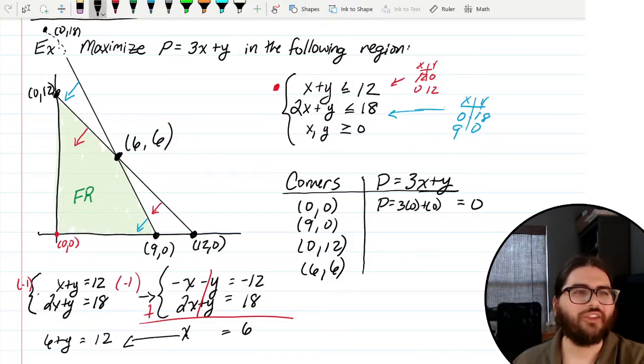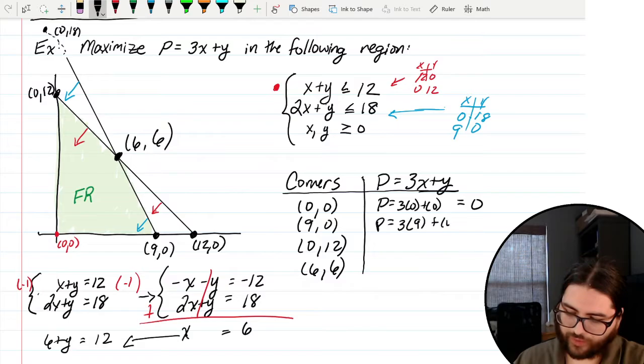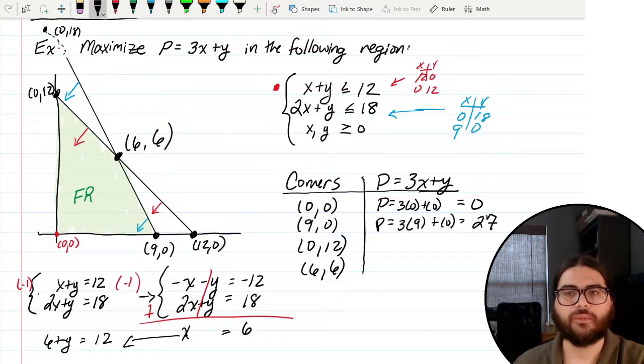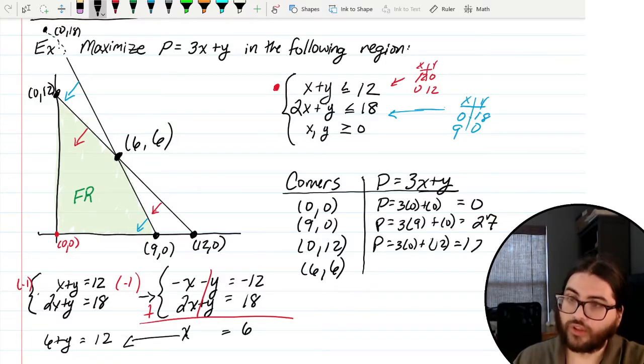I guess unsurprisingly, right? If I don't have any x values or any y values, I won't have any p either. Plugging in 3 times the x value 9 plus the y value 0 tells me p equals 27 here. P equals 3 times 0 plus 12. The p value here is 12 at 0, 12.